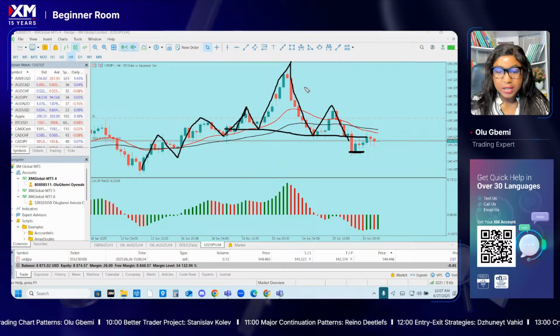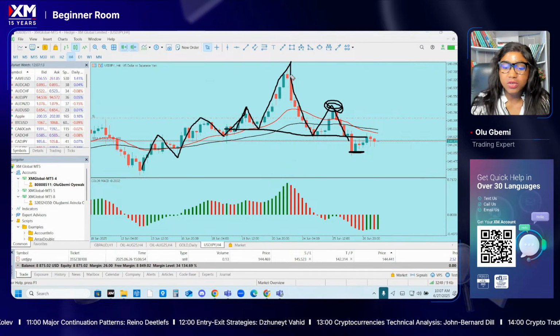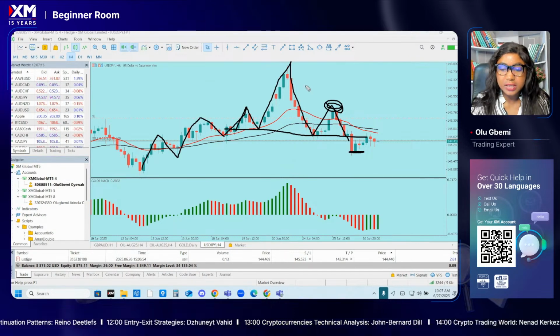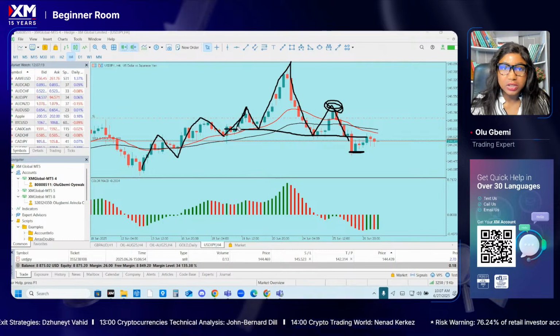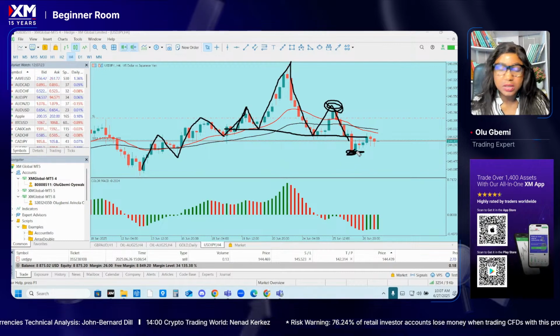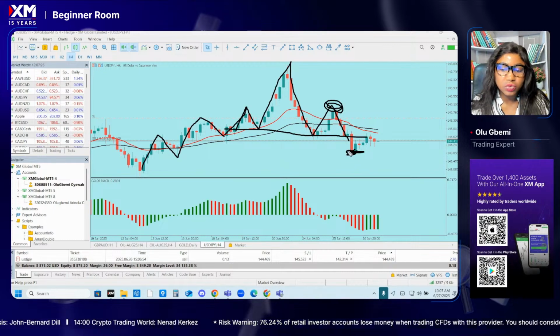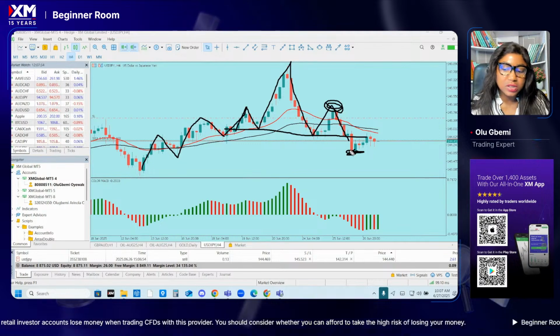However, when it forms this high here, it's already lower than this one, taking on a characteristic of a downtrending market. So when I see a lower high, that confirms to me that the trend is likely to change. And then I see a lower low, and that's the confirmation I needed to have a sell idea, or to expect that the price is now going to start falling.